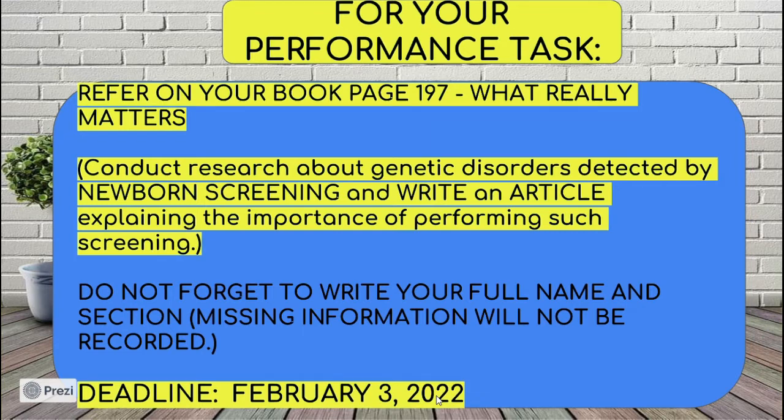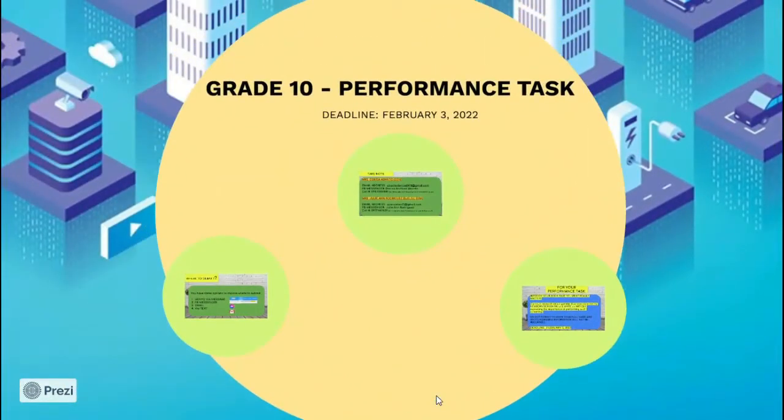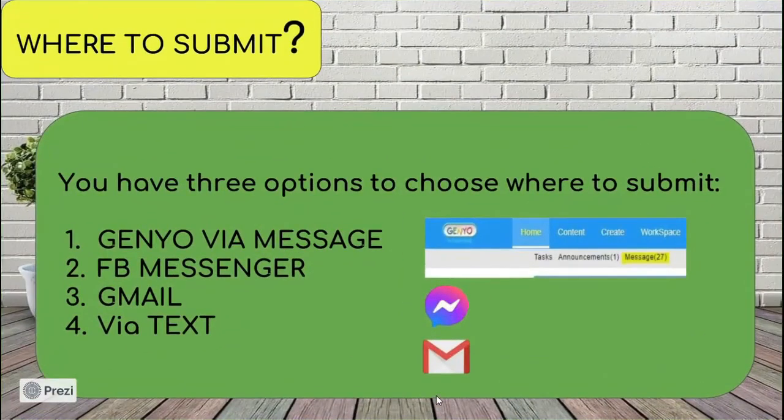So, question, where are we going to submit this? Alright, the same as before, you have 3 options to choose from. It could be Gmail via message, FB Messenger, the Gmail of your science teacher, or if that is not available, you can send your output via text.